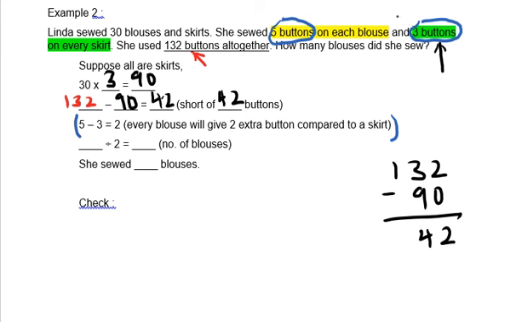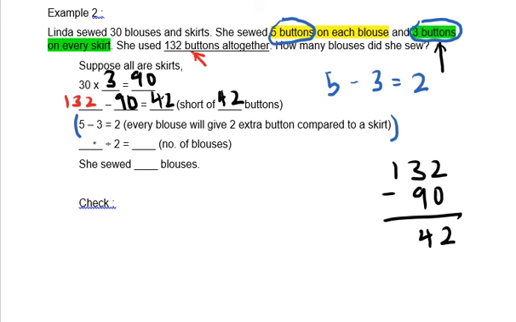So how many more buttons does a blouse have? A blouse has 5 buttons, a skirt has 3 buttons. That will give us 2 buttons extra. So for every skirt that we change into a blouse, we get 2 extra buttons.